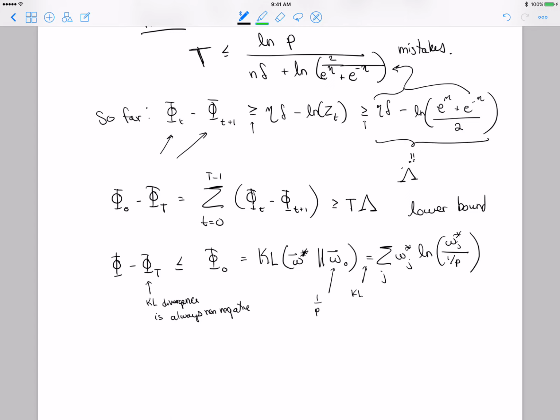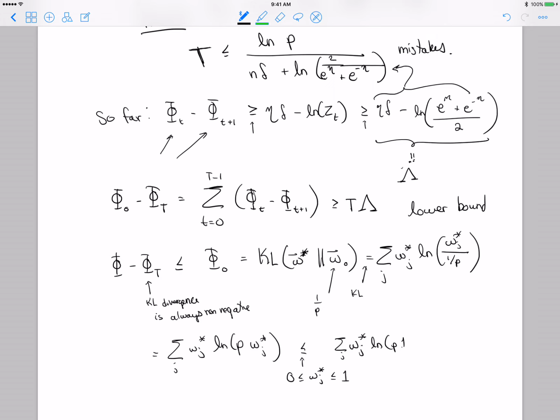So then I can rewrite this thing as log of p times Wj star. Now, again, remember that W star is a discrete probability distribution, and so its values are between 0 and 1.